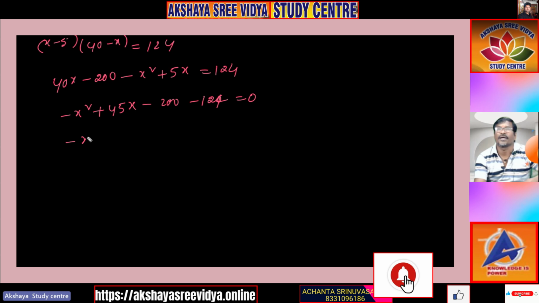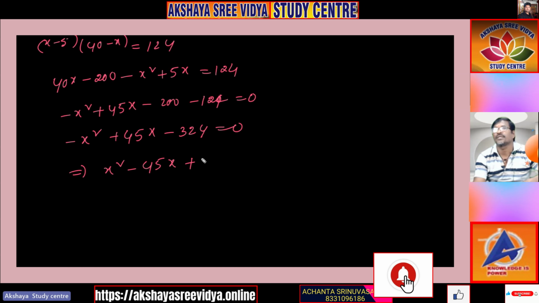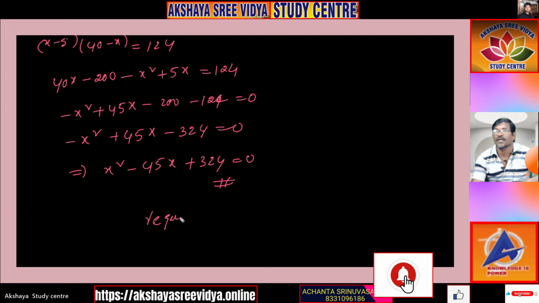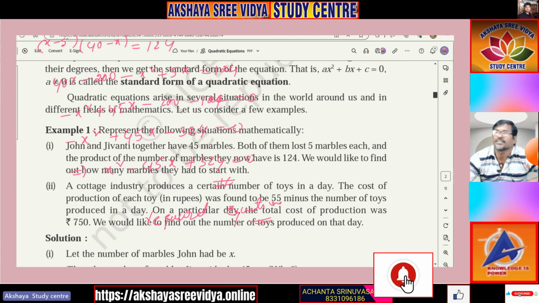Therefore, minus x square plus 45x minus 324 is equal to 0. Multiplying by minus, x square minus 45x plus 324 is equal to 0. This is the required equation.